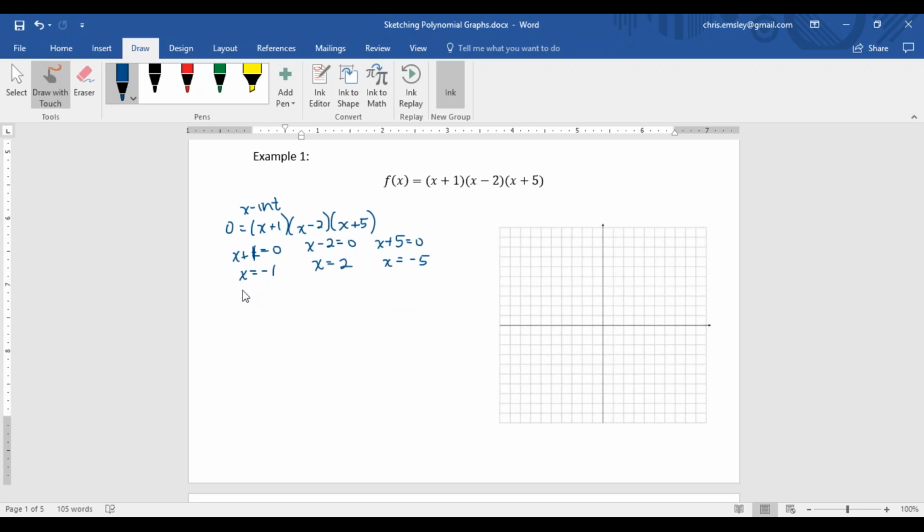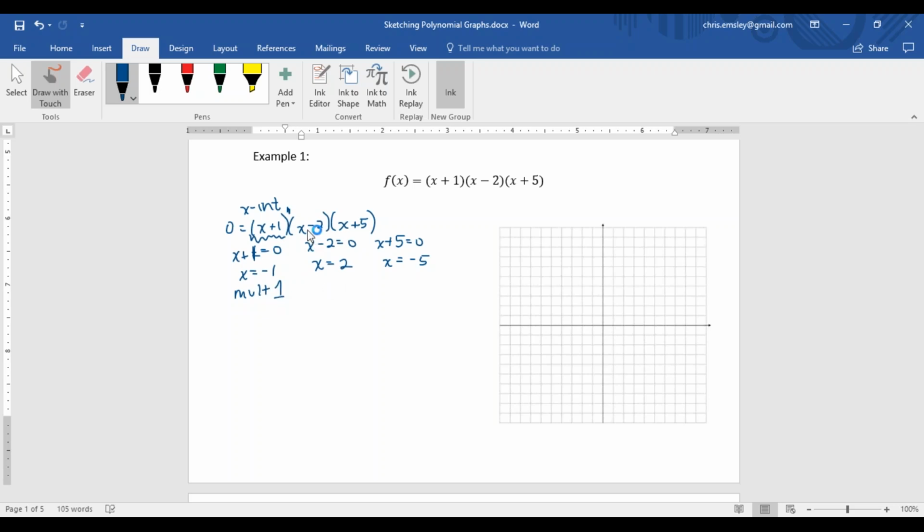We need to talk about the multiplicity of each one of these. So this -1 root came from this factor right here, x plus 1. What is the exponent on that factor? Well, there isn't one, so basically that means the exponent is 1, so this root has a multiplicity of 1.